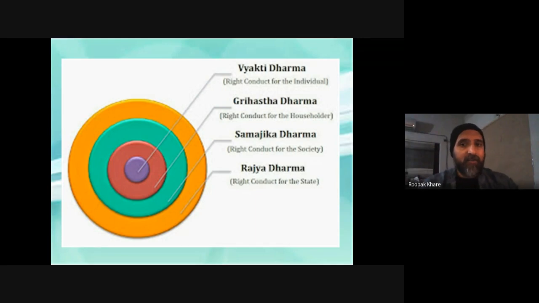Rajya Dharma for the state or nation. And then the Indian value system also says that Vaishvik Kalyanam, the benefit of the whole humanity should be the topmost priority. So if there is an interest of a country which is coming as a hindrance to the humanity of the world, we need to sacrifice that interest for the benefit of the humanity.